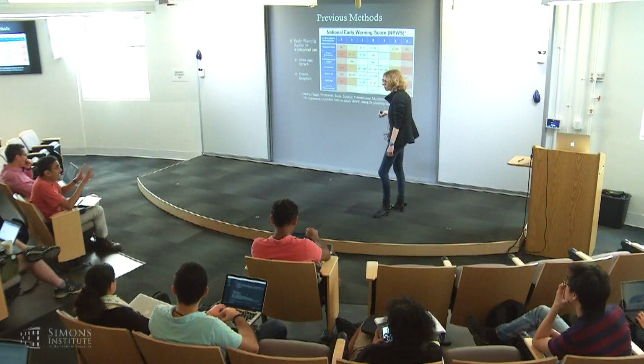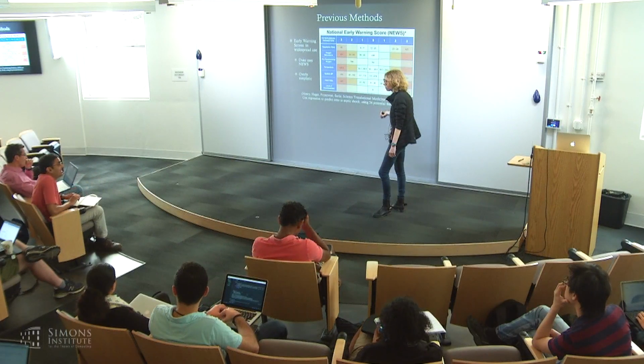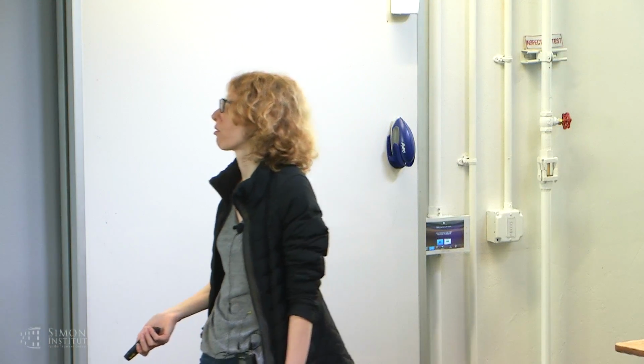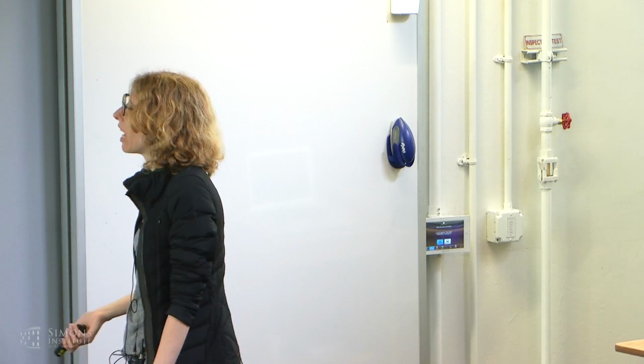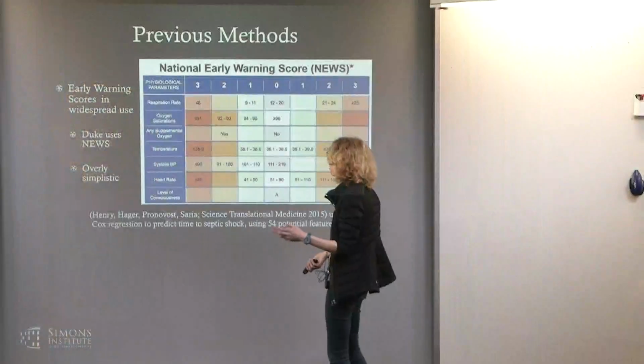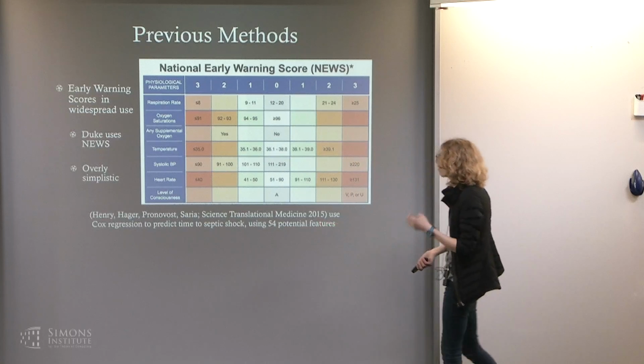So even if one were to stick with a simple structure like this, one could potentially improve it by using data, perhaps. Yeah, potentially. If you want to stick to a rule-based system, this is something I've discussed with people at Duke a fair amount.